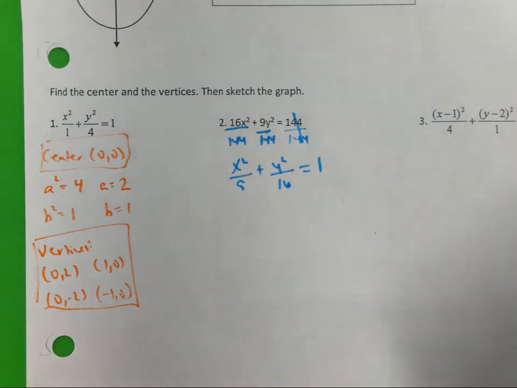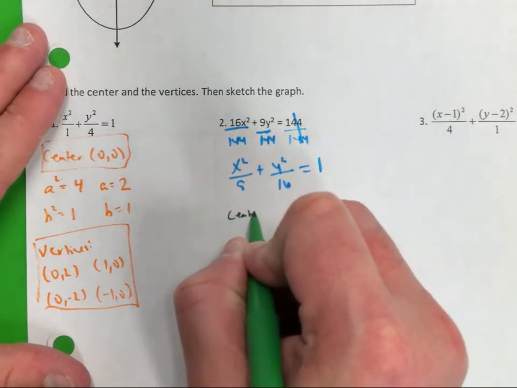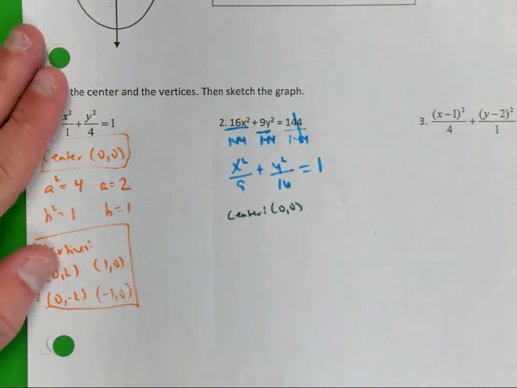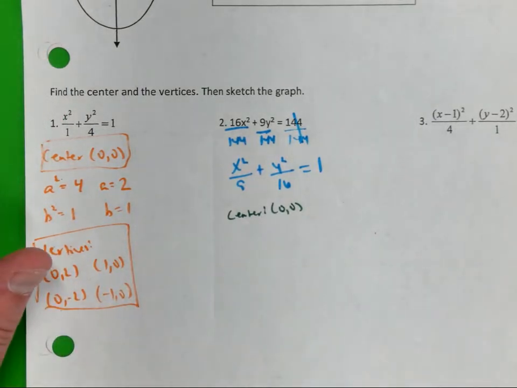Yes. What is my center? 0, 0. Is this going to be a vertical or horizontal? Did you clear the number? No, what I did was I had to get this set equal to 1. So 144, how do I make 144 a 1? Divide it by 144. So if I do it on this side, I do it on that side. So that's legal in math.